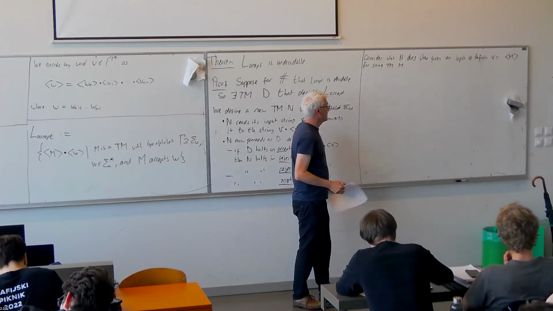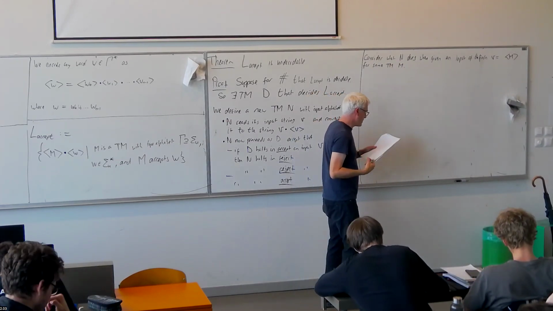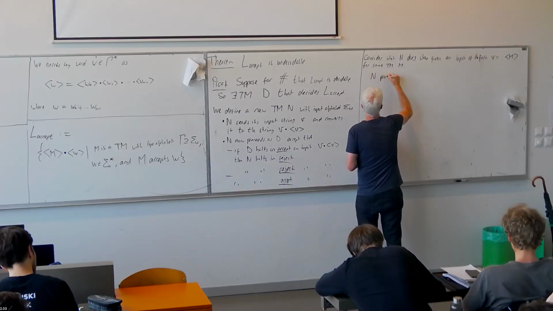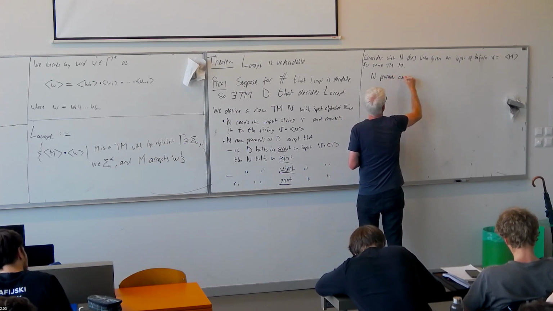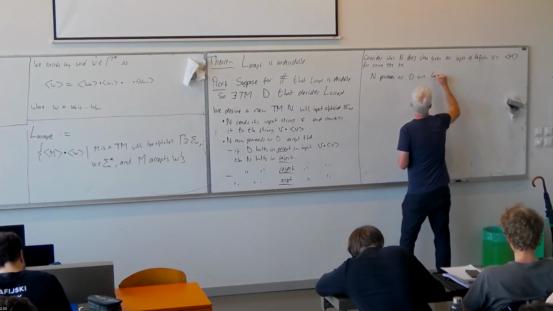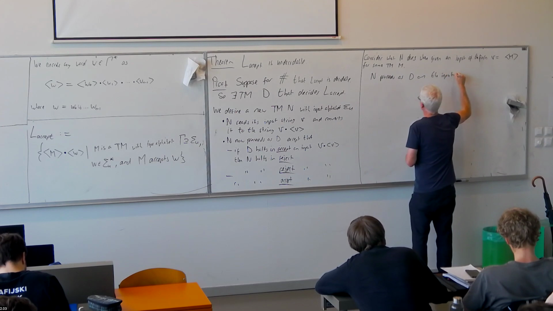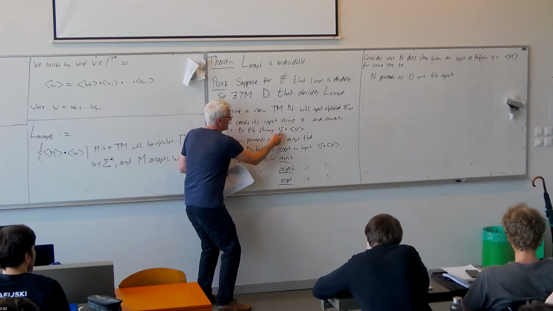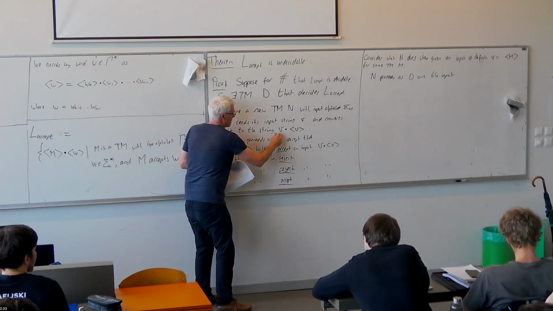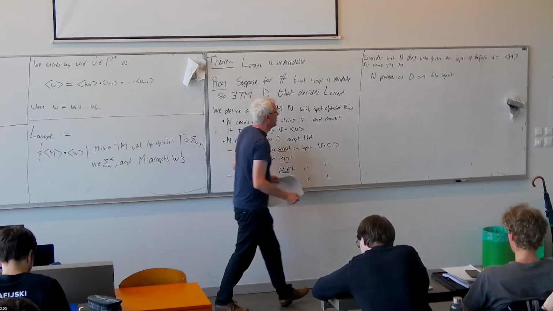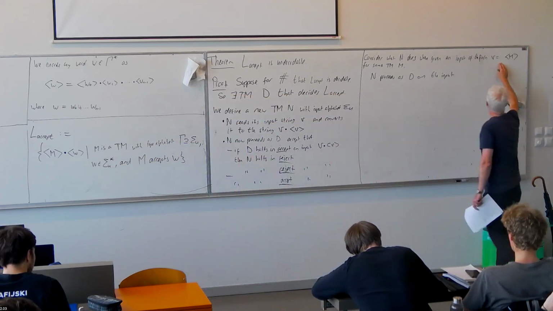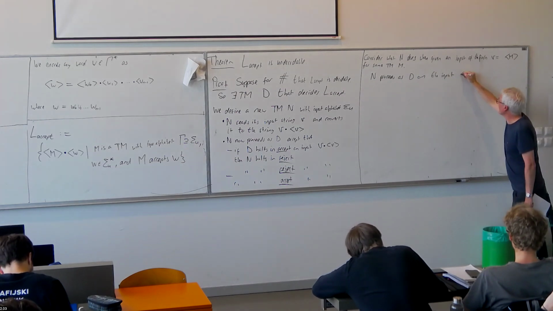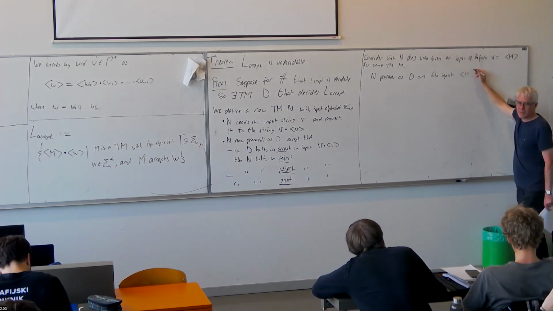So in this case, it gets a bit complicated. N proceeds as D on the input: we take this input string and follow it by its encoding. So we get quite a lot of angle brackets coming in.